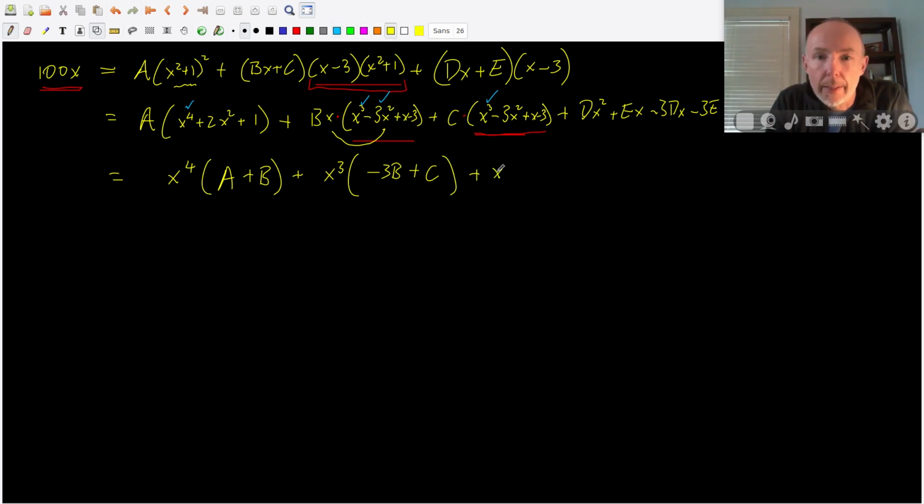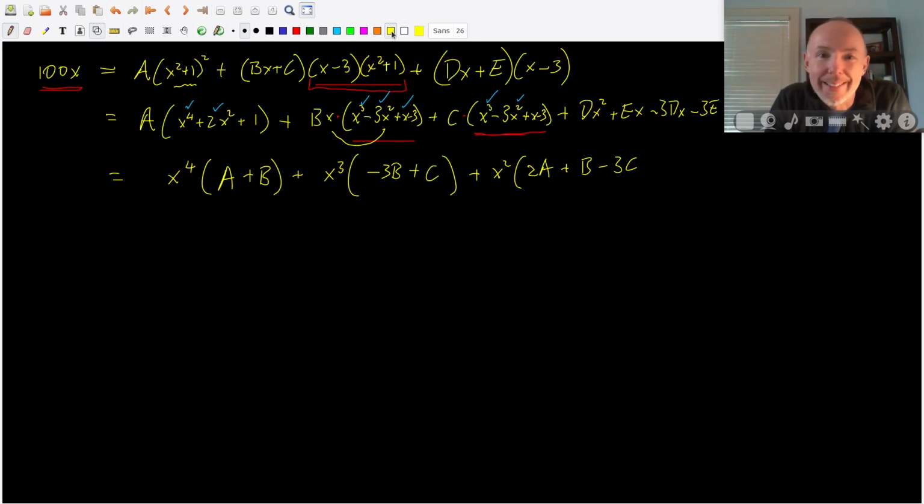Now let's look at the x squareds. When I look at the x squareds, I'm going to get 2a x squared out of that. So I'm going to write that one down and mark it off. 2a x squared is done. Here there is going to be a b x times x, so a b x squared. So I'm going to add on the b there. And then what else have I got? There's going to be an x squared here, minus 3c x squared, is this term.